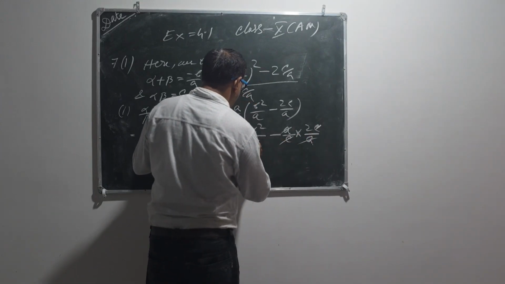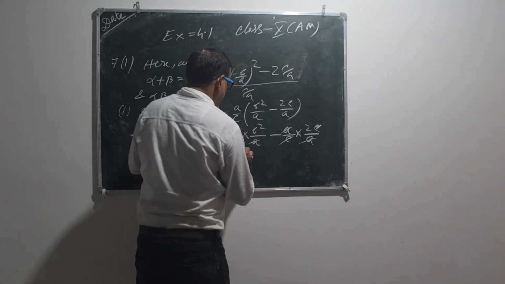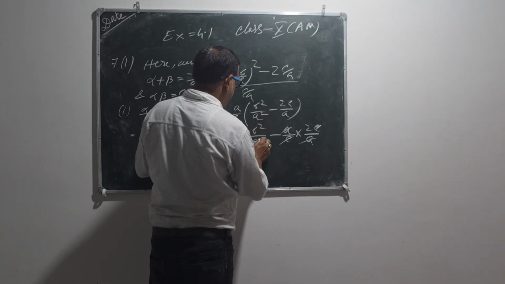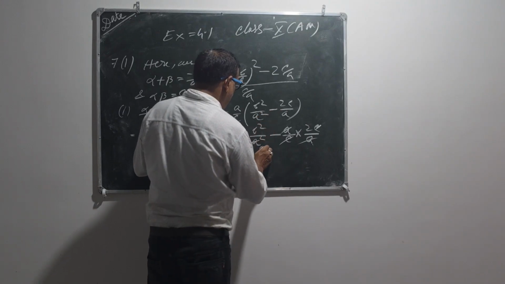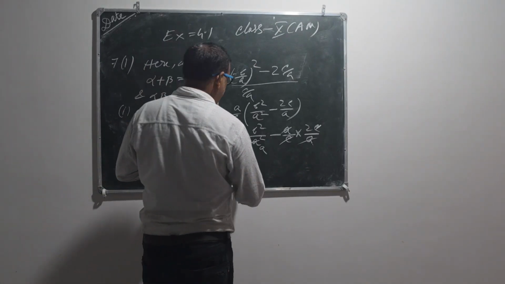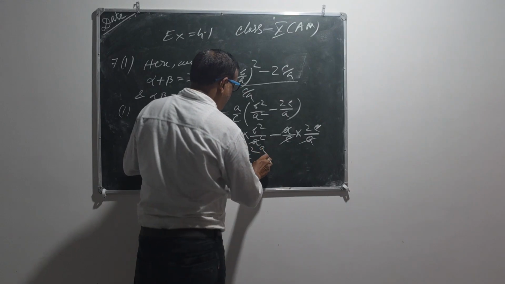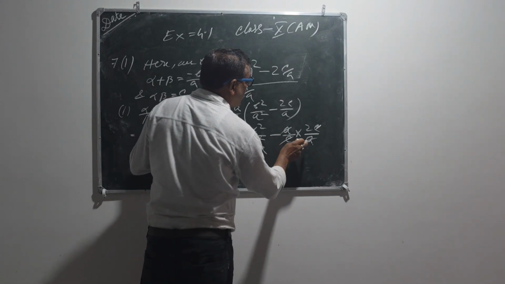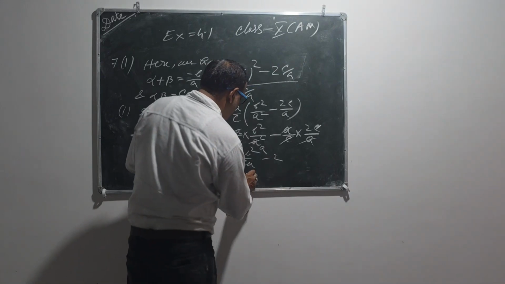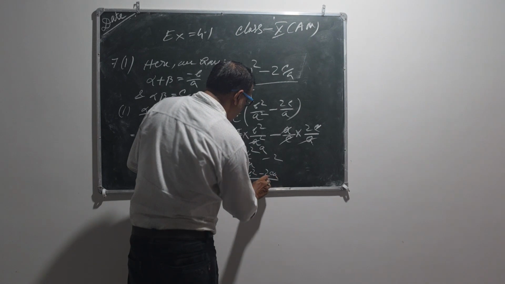So finally b square divided by ca, and minus 2 is left. So finally we can say b square minus twice ca divided by ca only.